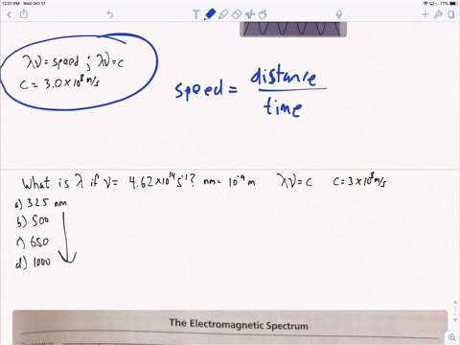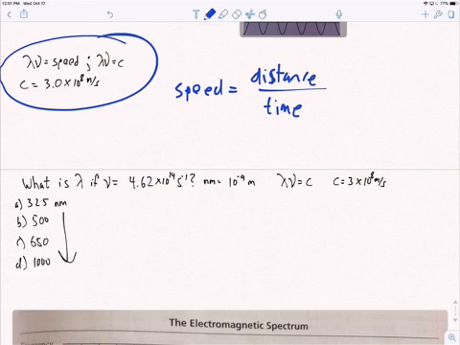Okay, but what is the wavelength if the frequency is 4.62 times 10 to the 14 inverse seconds, and a nanometer is 1 times 10 to the minus 9 meters? I'll show you this in my calculator.